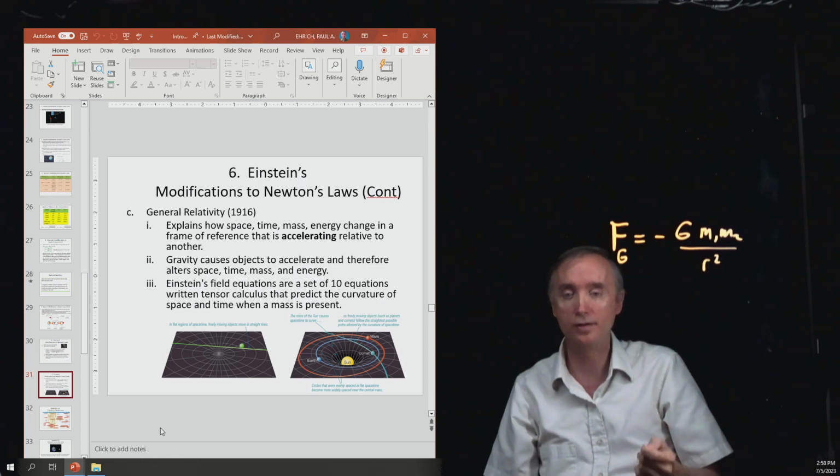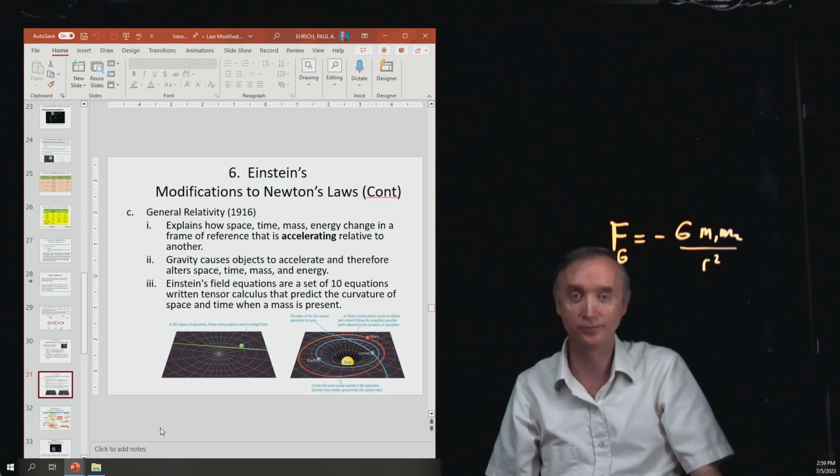The correct way to view the universe is always by using general theory of relativity. And it's very complicated. So it requires the usage of 10 equations that have to be solved at the same time using calculus and written in the form of a tensor, which is a multi-dimensional structure.